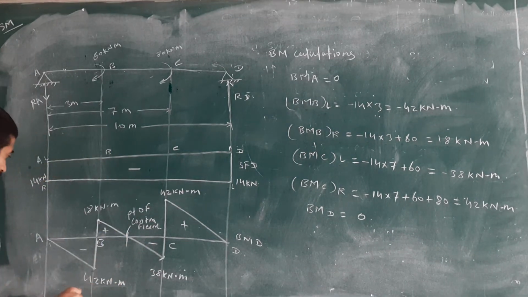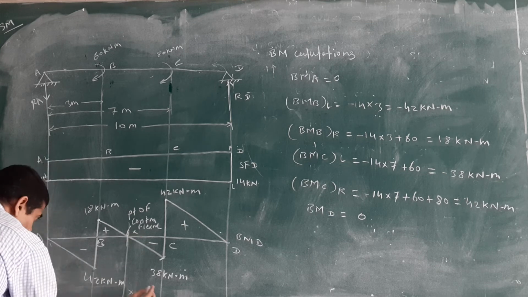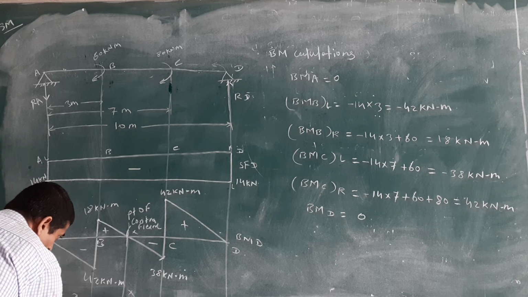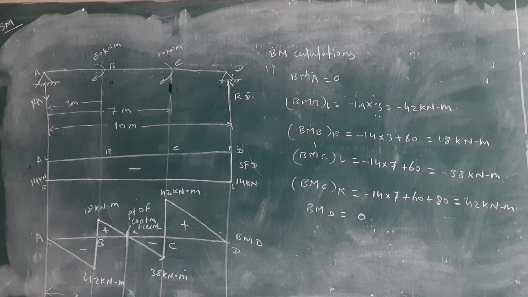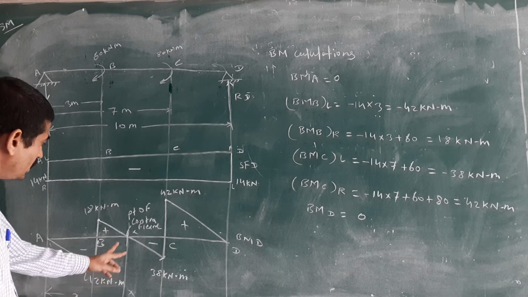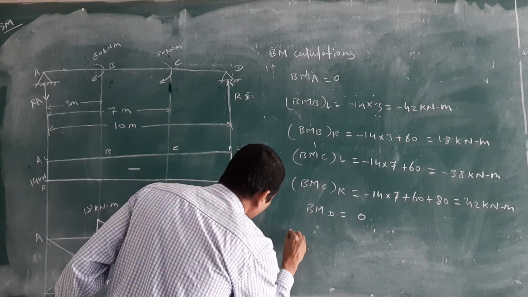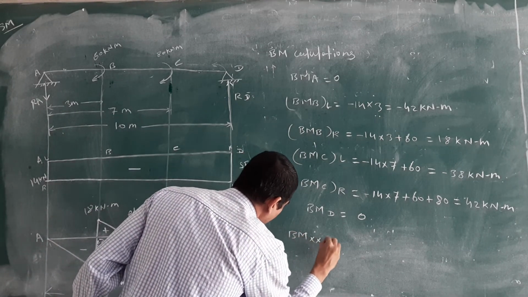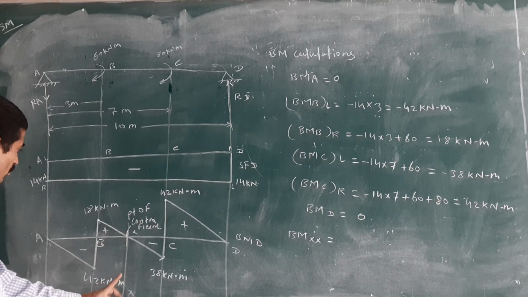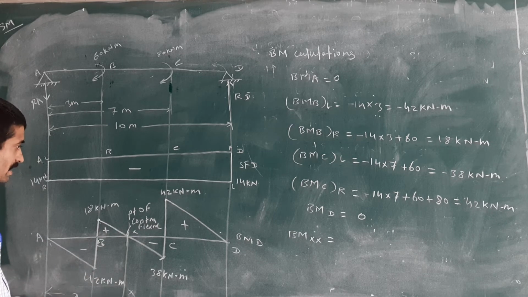Getting? Then I will consider the section XX, and we don't know the distance. Again we will consider the distance x from the A support. We take the bending moment at the section XX, and then you will get the distance.